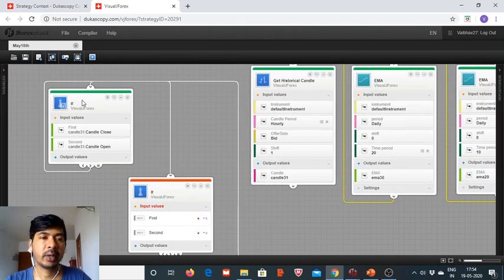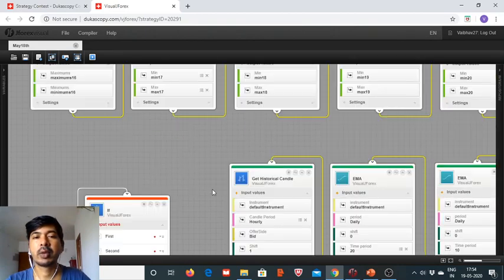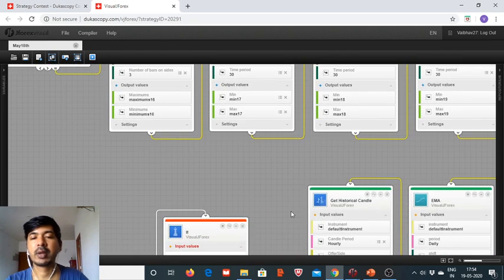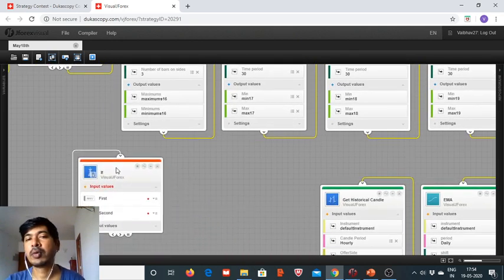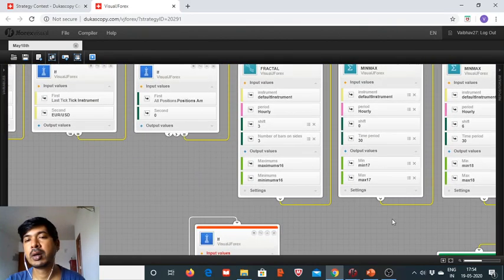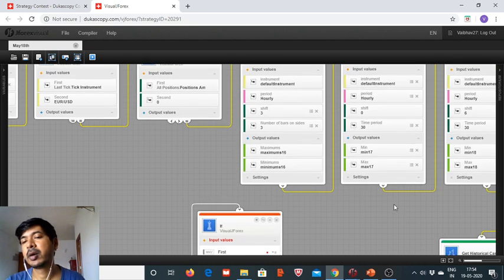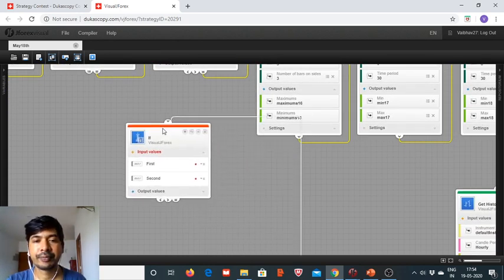Now we need to compare the fractal values. We don't really want to get involved in the trade when the price momentum is still strong and the maxima is rising. So only when the fractal maximum is lower than the maxima value of last 30 hours, we will go for a fresh trade.